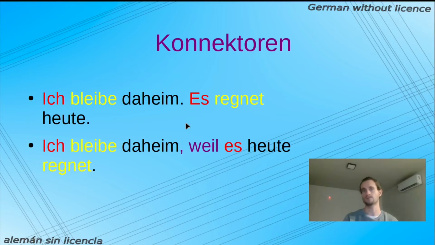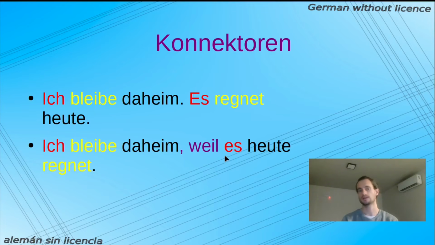So the rain is the reason that I'm staying at home. In this case, I could use, for example, weil, because in German. Ich bleibe daheim, weil es heute regnet. I stay at home because it's raining today.